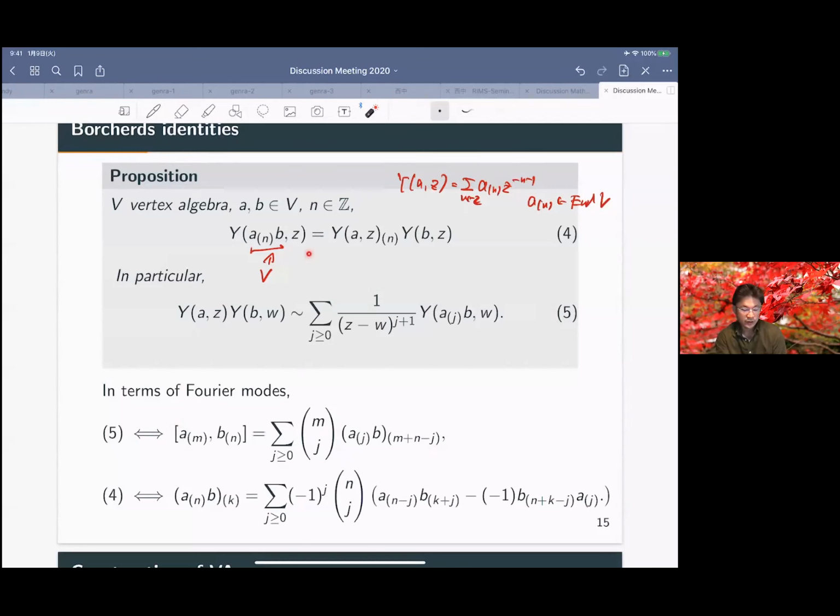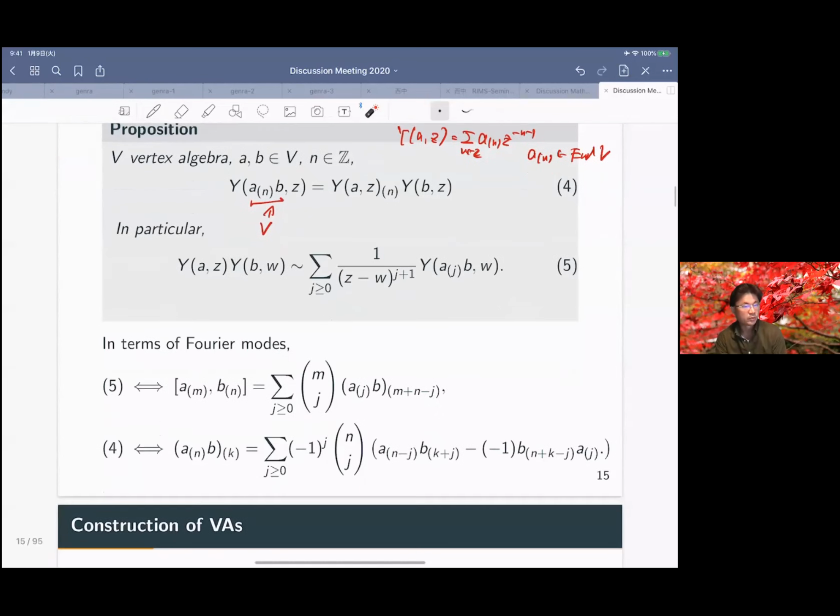This relation can be written as this one, which has infinitely many terms. However, this makes sense as an operator on V because this is 0 for sufficiently large j. These two relations are called Borcherds' identities.